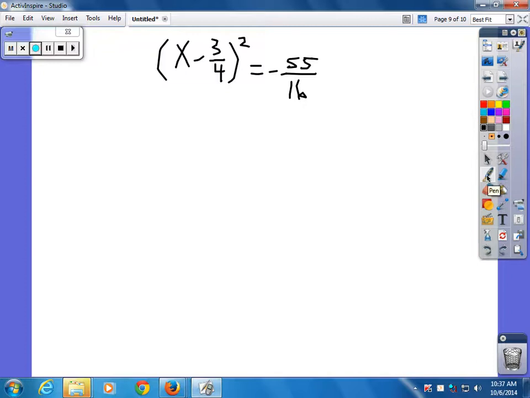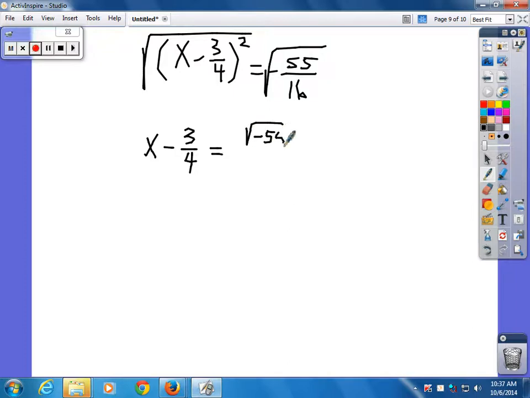So let's finish it out. It's going to be x minus 3/4 is equal to the square root of negative 55 over 4. And x minus 3/4 is equal to i times the square root of 55 over 4. And that's good enough for government work because that's the exact answer.